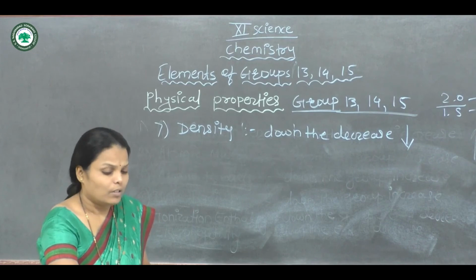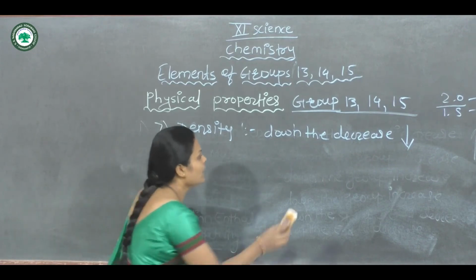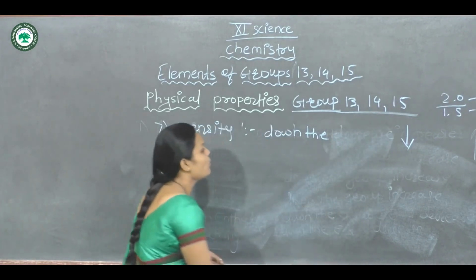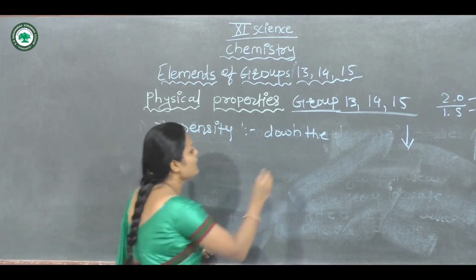The value increases, which means density increases down the group.